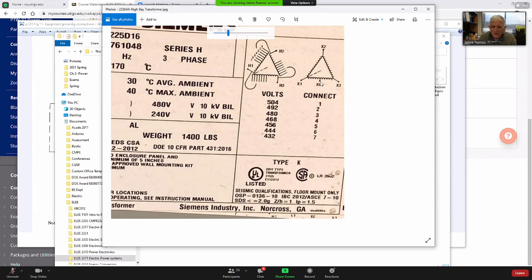This can be grounded, and then you can have 120 volts to X1 and 120 volts to X3. And then you can also have between X1 and X2 and the others line-to-line voltages, 240 volts. So this transformer is outside the engineering building next to the high bay.